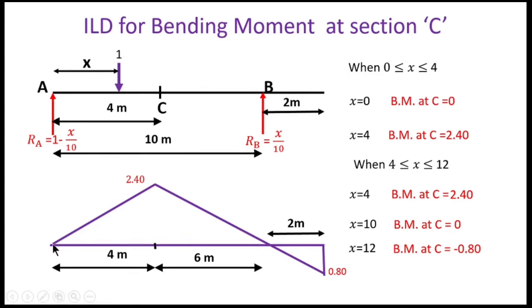Here you can see at 0 it is 0, then at 4 it is 2.4, then at 10 it is 0, and at 12 it is minus 0.8. So this is the influence diagram for the bending moment at section C. Thank you.